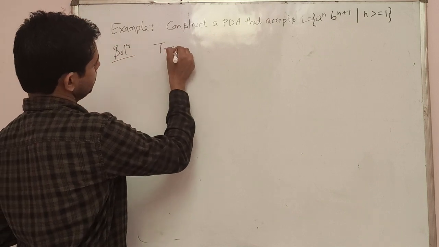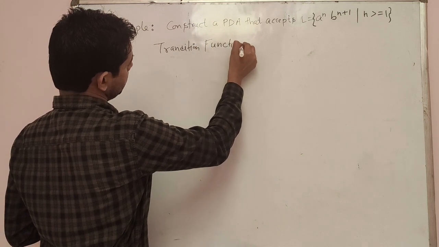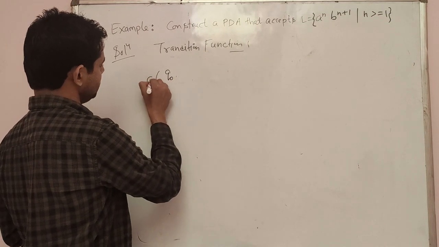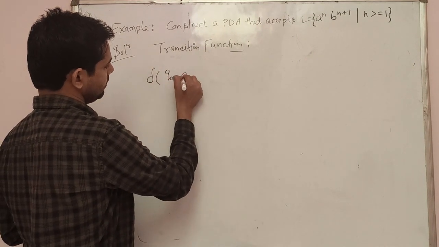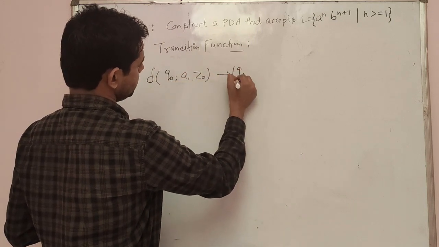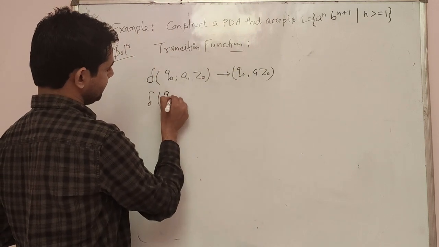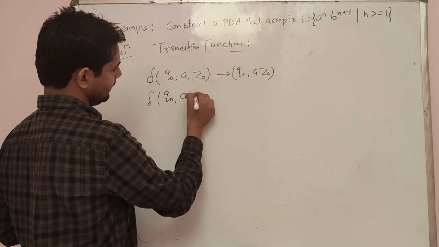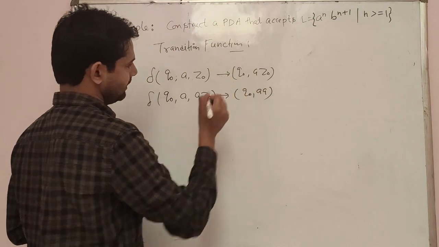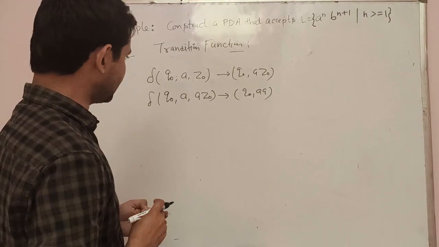Then the transition function. First of all, we will store all A's. As you know, we will start from Q0, and the stack condition is Z0. Then we can move Q0, A, Z0. Then again we have Q0, input symbol A, stack top A, and we move to Q0 again, pushing A. By using these two transitions, we can add any number of A's in the stack, right?